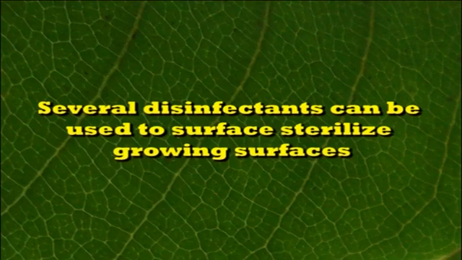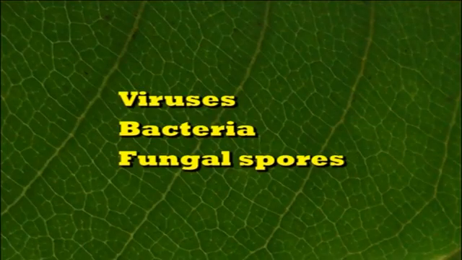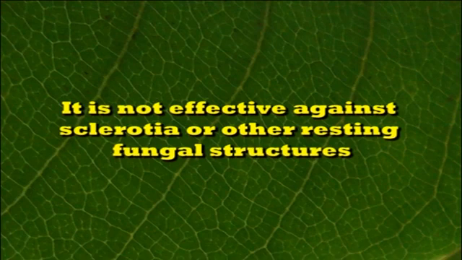Several disinfectants can be used to surface sterilize growing surfaces. Bleach in 1:1 solution is effective against viruses, bacteria and fungal spores. It is not effective against sclerotia or other resting fungal structures.